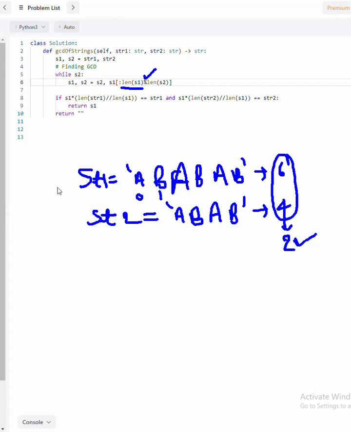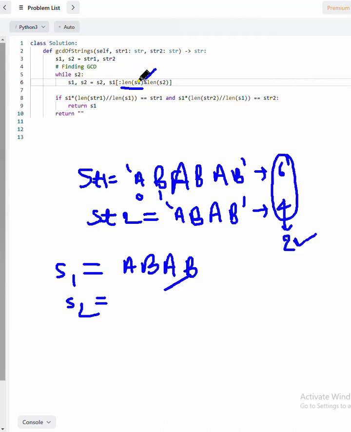So what will S1 store now? Now my S1 becomes what? S2. And what is S2? S2 is AB. And what is my S1 now? S2 is S1's A and B only.